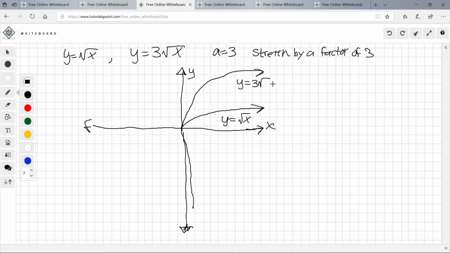For this part, you can actually make a table to figure out what it really looks like. So let's say you did make a table for that one. What numbers will I use?